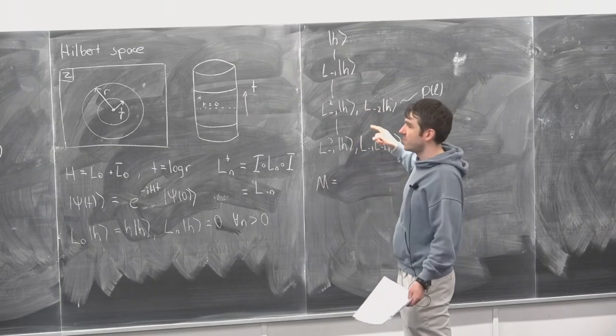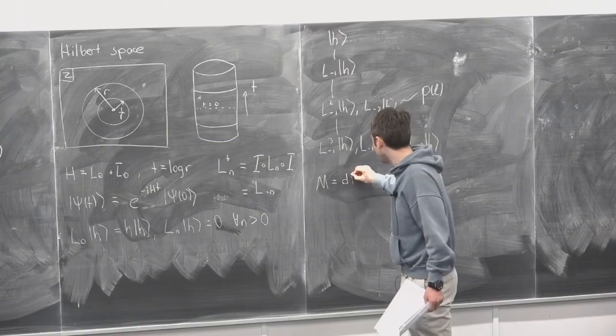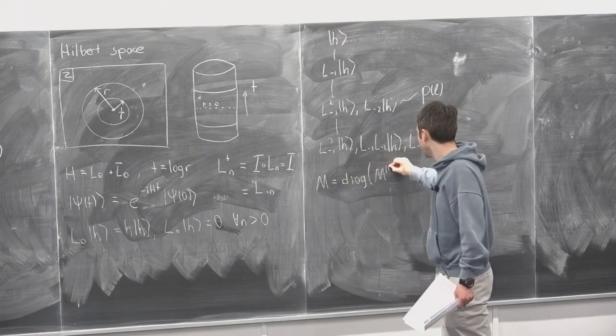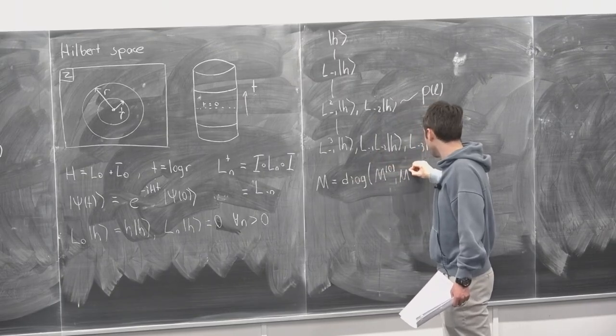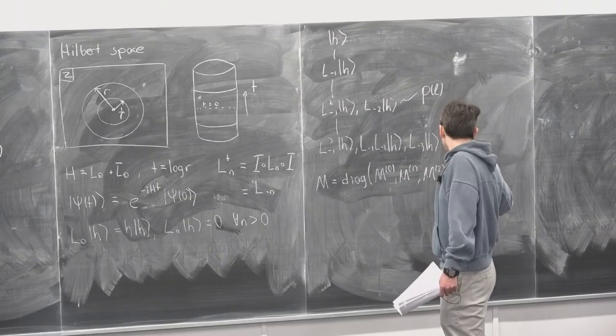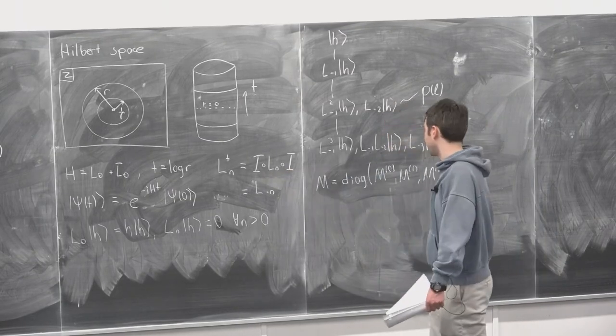So states at one level are orthogonal to the states at another level. So the matrix is block diagonal. It's going to be M0, M1, M2, and so on. And we can use this conjugation rule to start figuring out what these are.